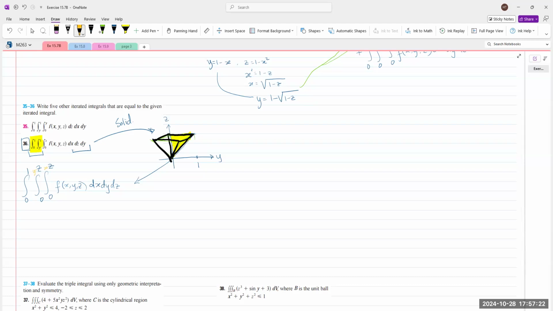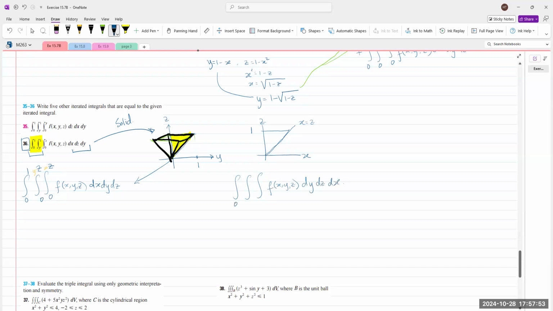Now, if we take a look at what it looks like on the xz plane, it looks like this. This line here is x equals z. This is 1, right? So that will be triple integral f x y z dy dz dx.